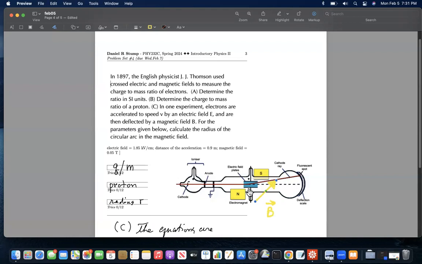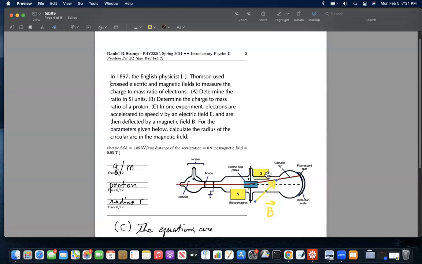V cross B would be up. So an electron would be pushed down. Well, this shows the electron being pushed up. So I guess this drawing is wrong. This must be the South Pole. This must be the North Pole. But anyway, the electron, as it goes through the magnetic field, will be deflected by that magnetic field.